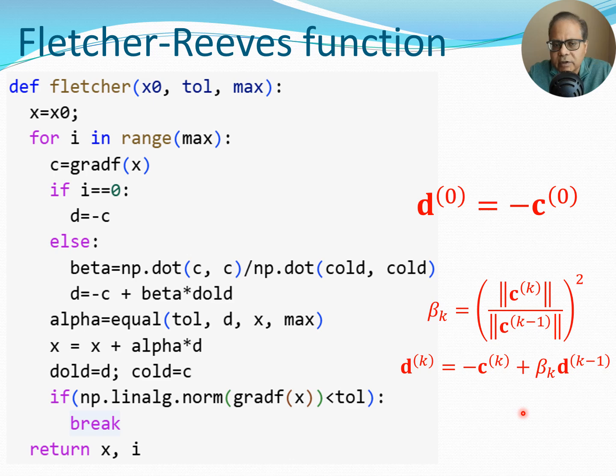And of course, you can see here that I need to calculate this beta value, which is simply the dot product of C and C divided by the dot product of C old and C old. And then I update the value of D, which is the search direction. I call the one-dimensional search, and then I see if I have converged here.